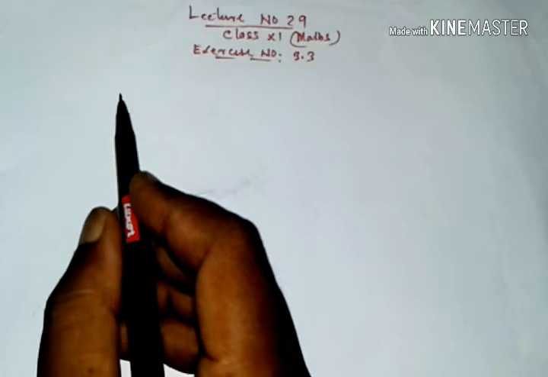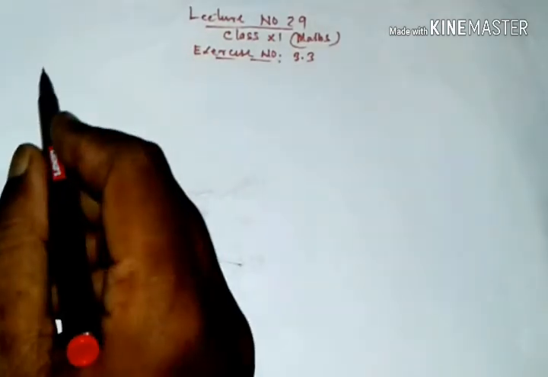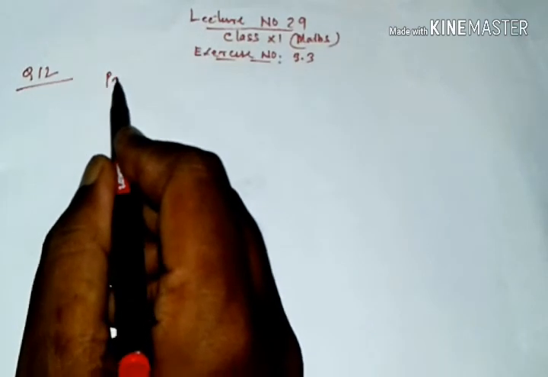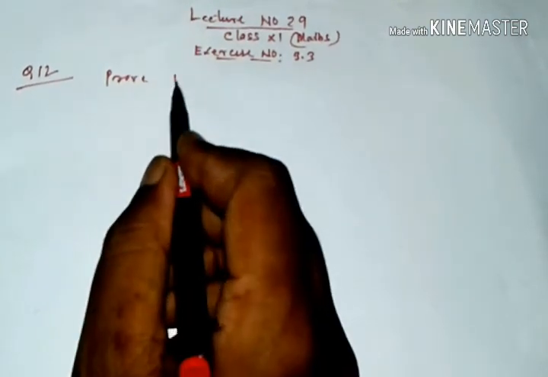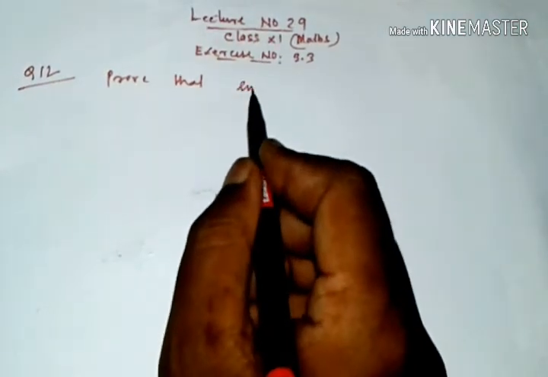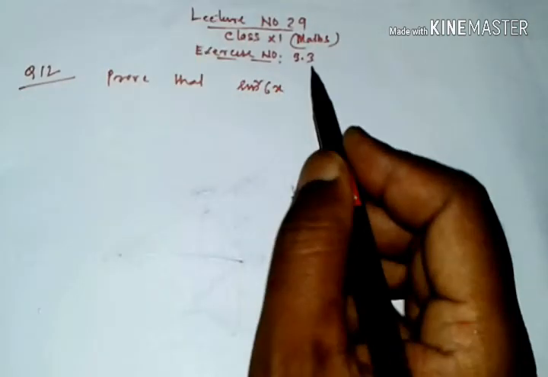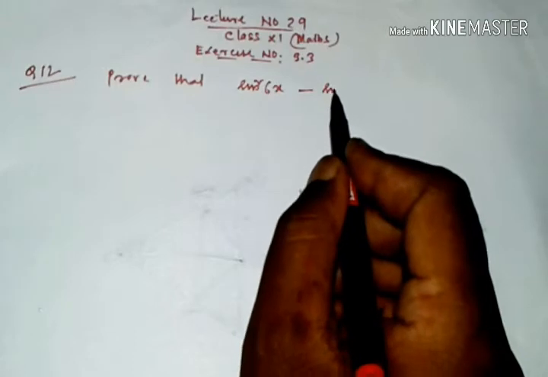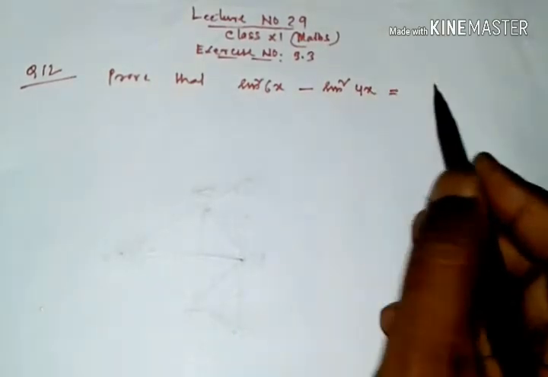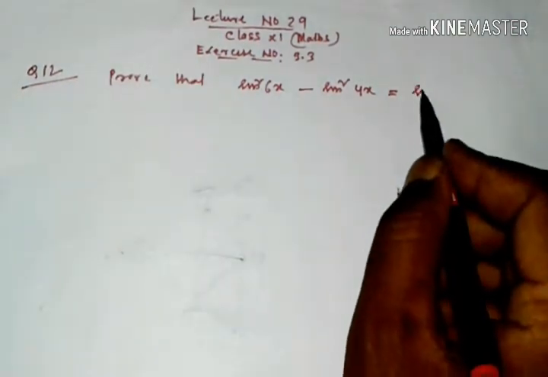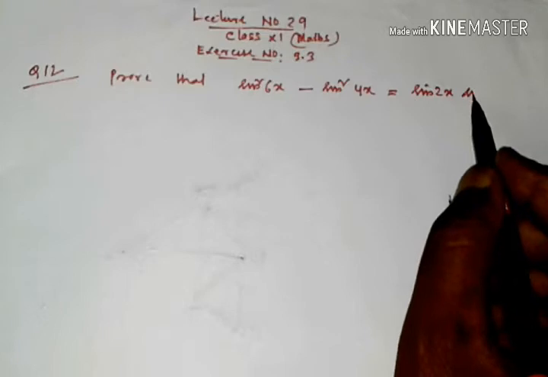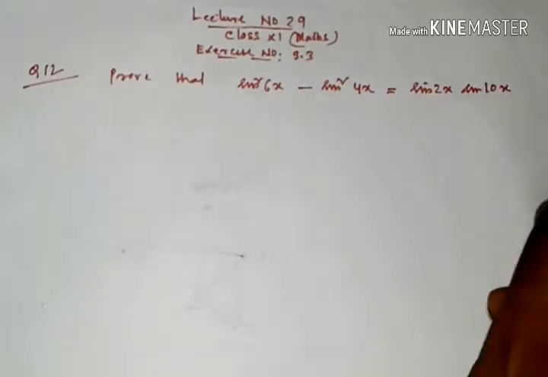This is question number 12. Prove that sin square 6x minus sin square 4x is equal to sin 2x sin 10x.